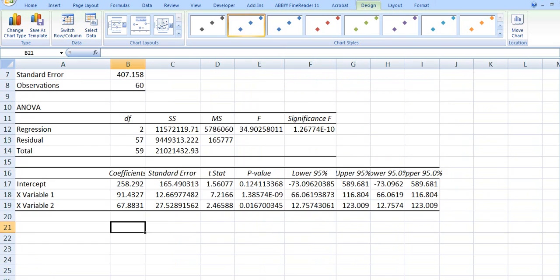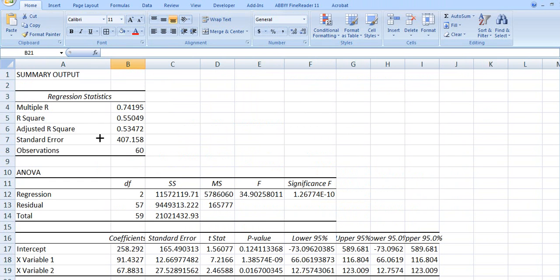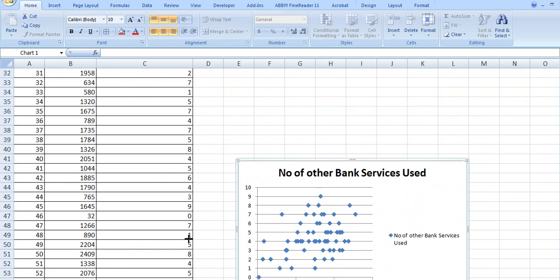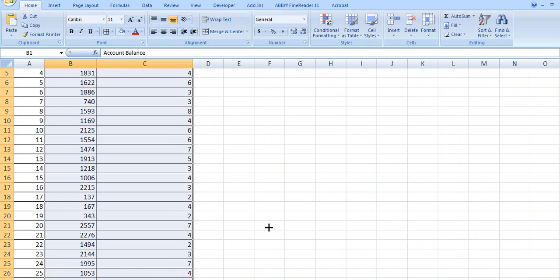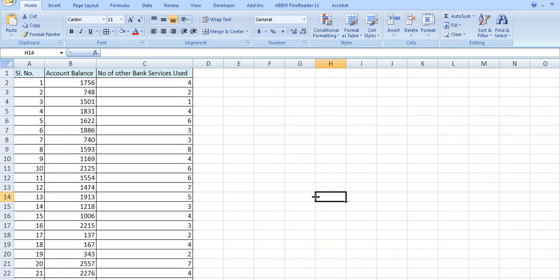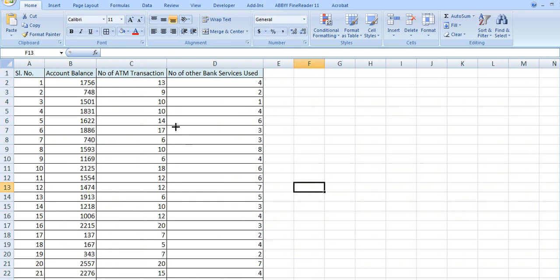So please note that this is your output of the multiple regression. Your Excel is very much capable of doing the multiple regression, and you should use Excel's multiple regression capability to get an understanding. Okay, and it's better that you try to remove those items which are spurious over here.